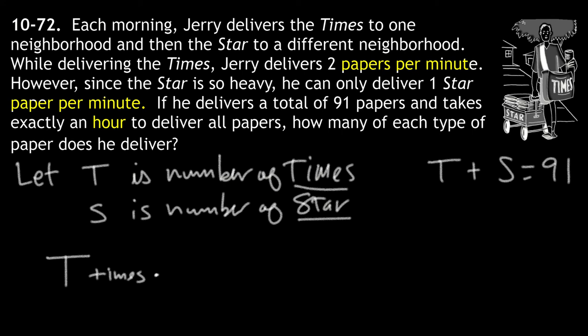Now it says that in 1 minute I can deliver 2 of the New York Times. So if I have T Times papers and I multiply that by 1 minute for every 2 Times papers, because that's the rate I was given, these units cancel.